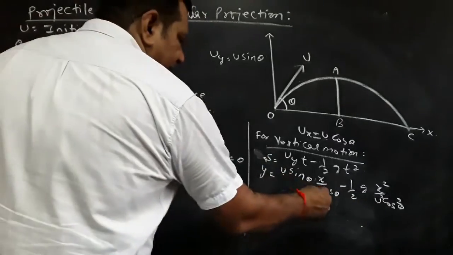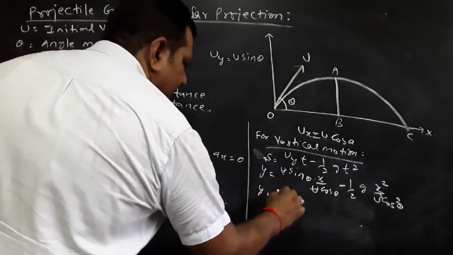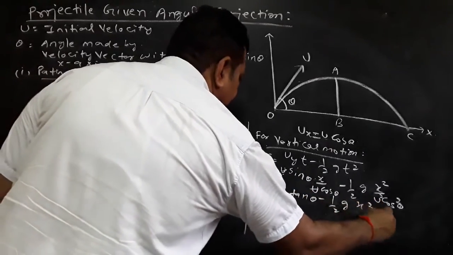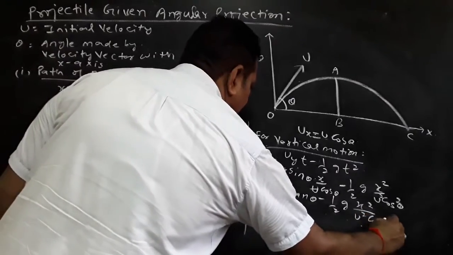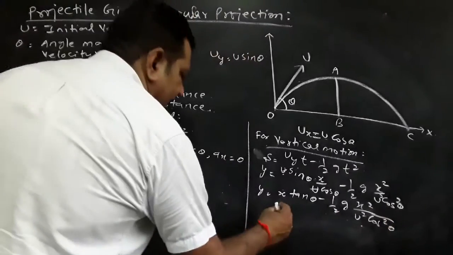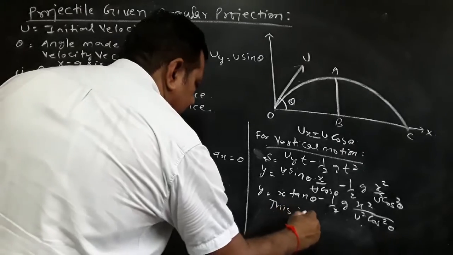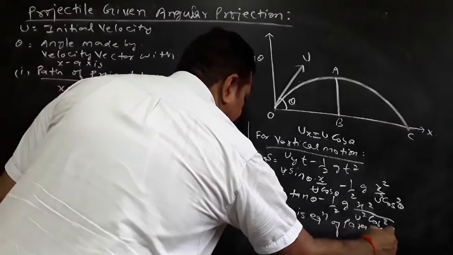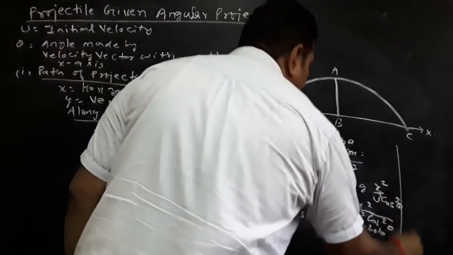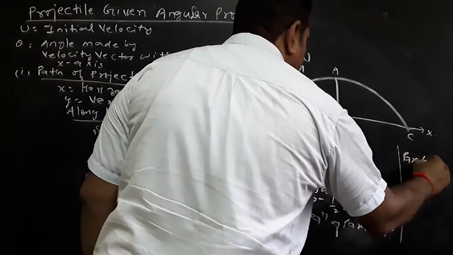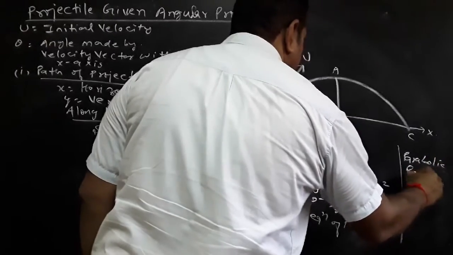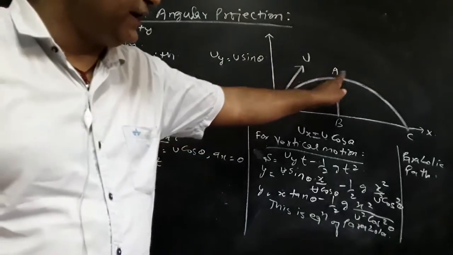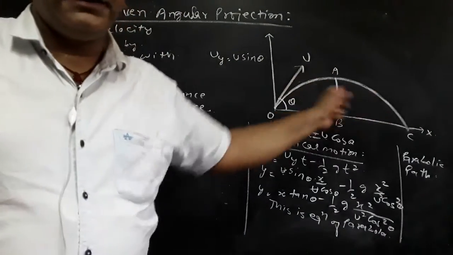Now it will be cancelled: y is equal to x tan theta minus half into g, x square by u square into cos square theta. In mathematics, this is the equation of parabola. So the path followed by the body is a parabolic path. This is the path of the object from O to A, then A to C. This is called parabolic path.